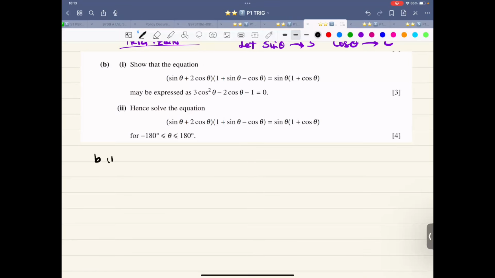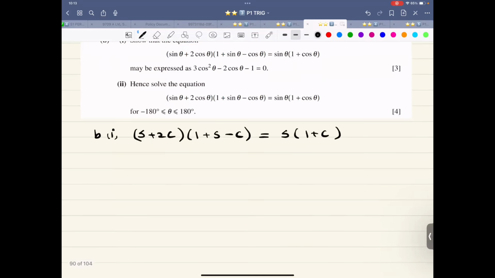S plus 2C times (1 plus S minus C). This is S common, 1 plus C. You have to simplify it. It's not an identity. You have to expand. So now let's multiply S into 1, S into S, S into C. That is S plus S square minus SC.